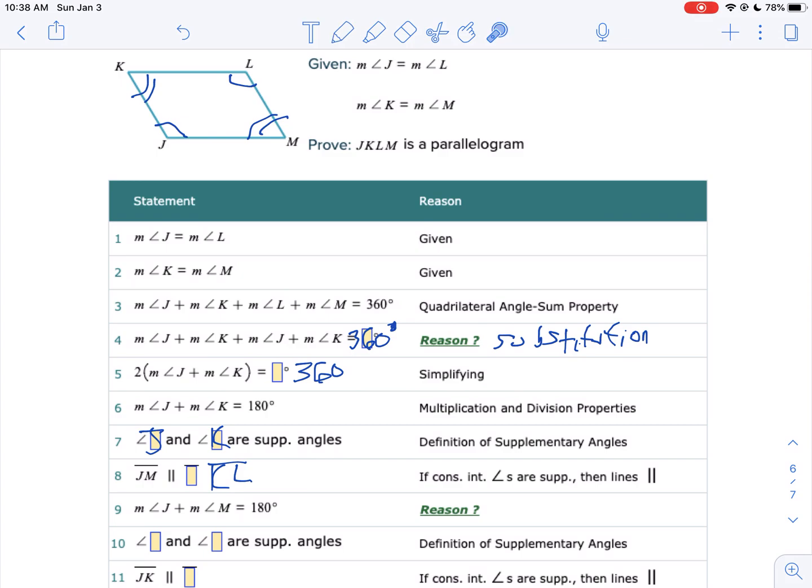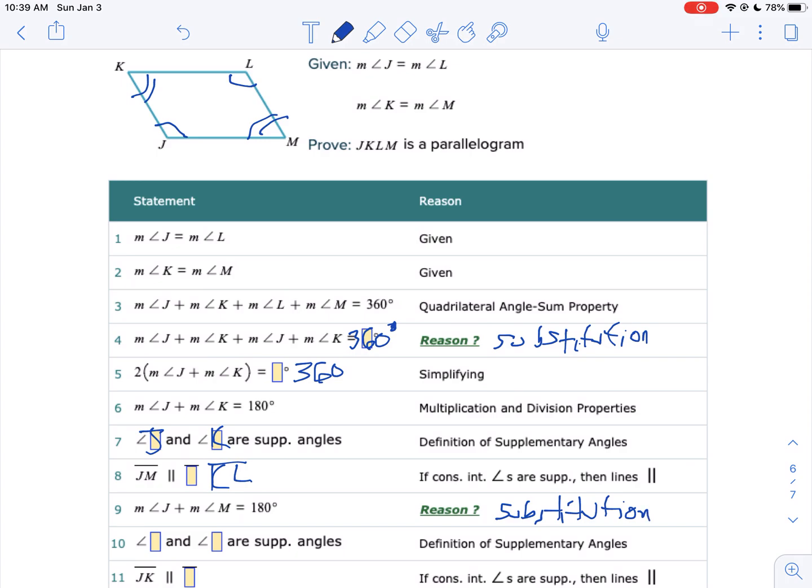Notice what happens is back from step 6, I just replace K with M because I know K equals M. When we replace something with something else that's equal, that's substitution. You had a different property that didn't make any sense. That's what we needed there.